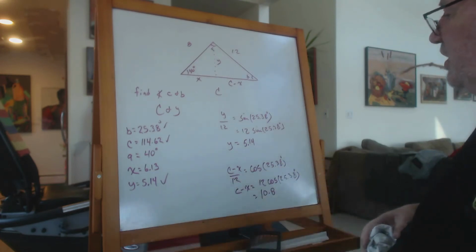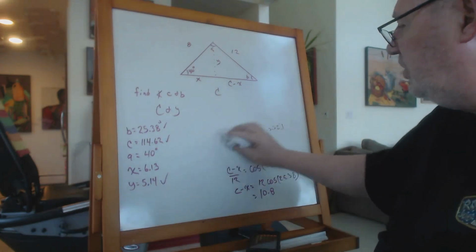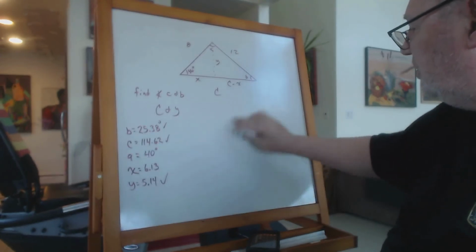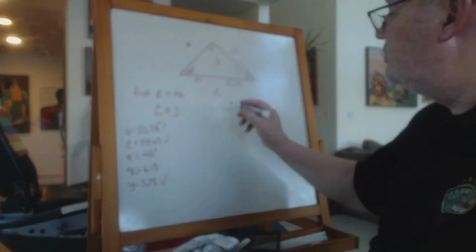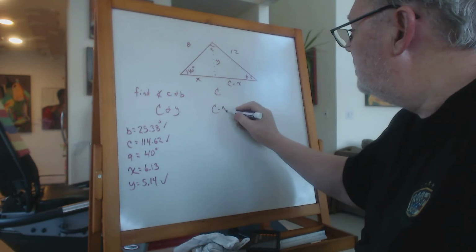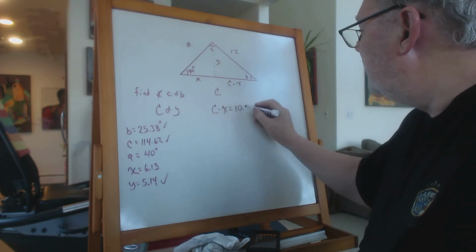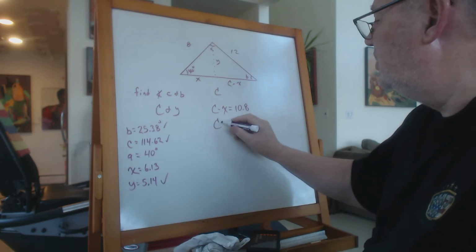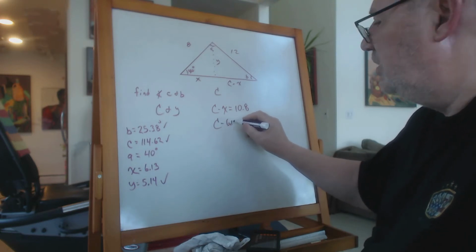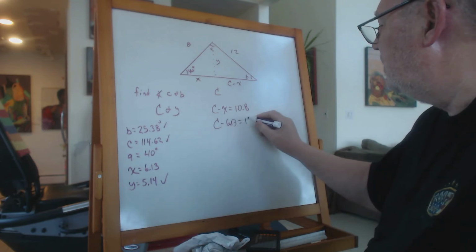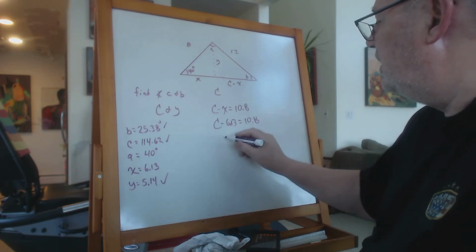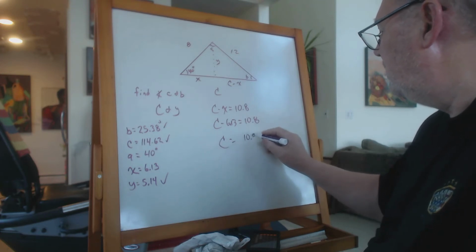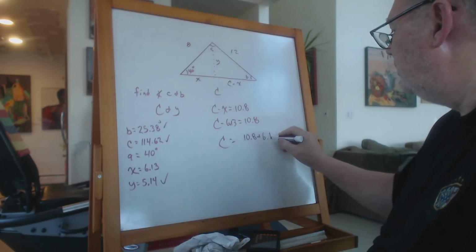So c minus x is 10.8, and we know what x is. So c minus x equals 10.8, but x is equal to 6.13, so c is equal to 10.8 plus 6.13.